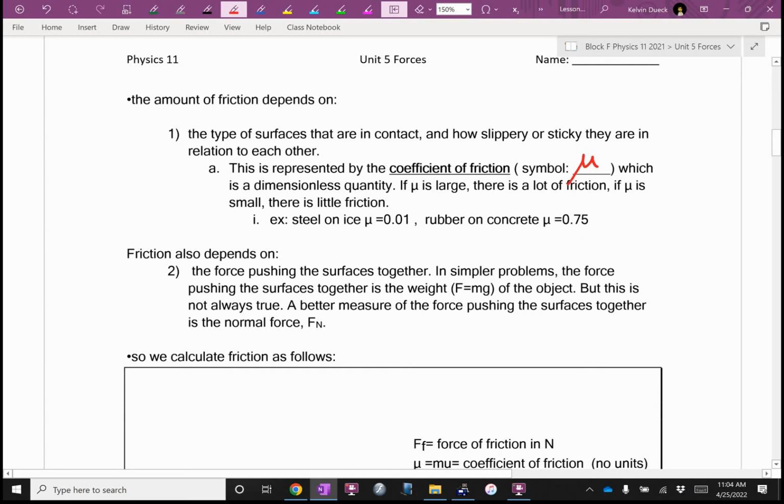They're pretty sticky. What else does friction depend on? I'd like you to imagine you're sliding something across the gym floor. If it's heavier, do you need to push harder or lighter? Be obvious.